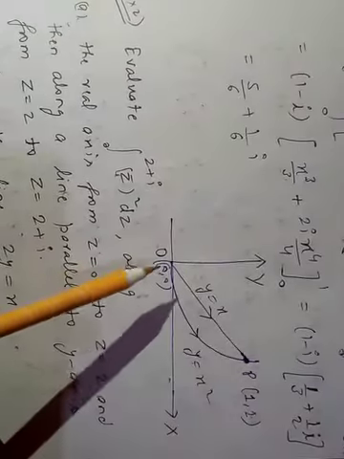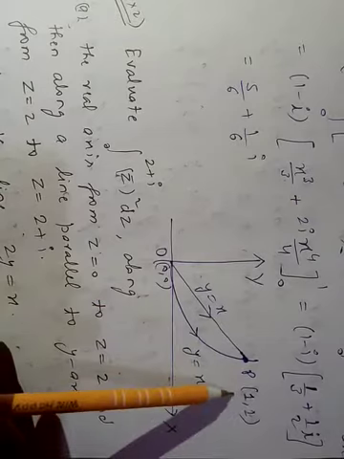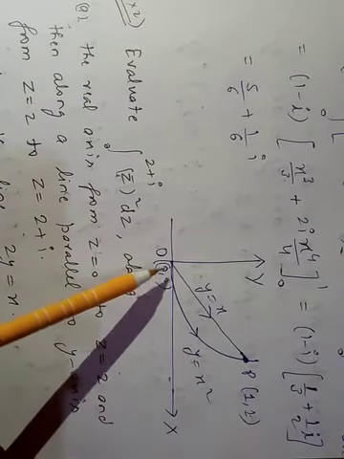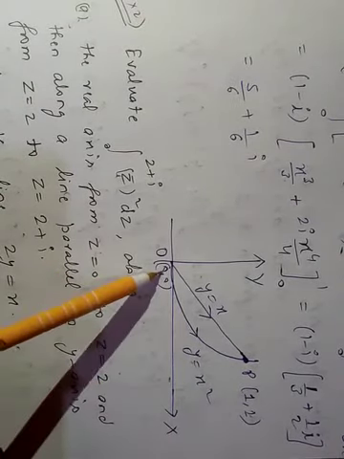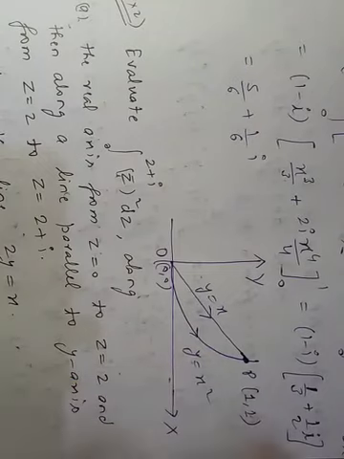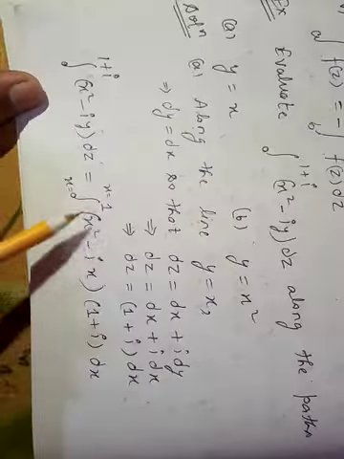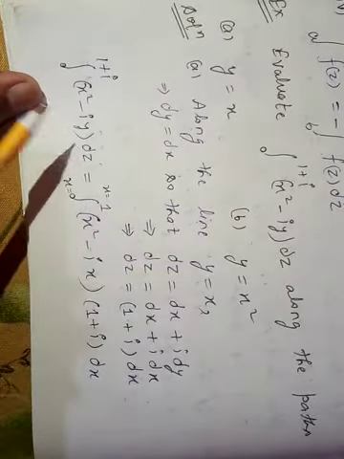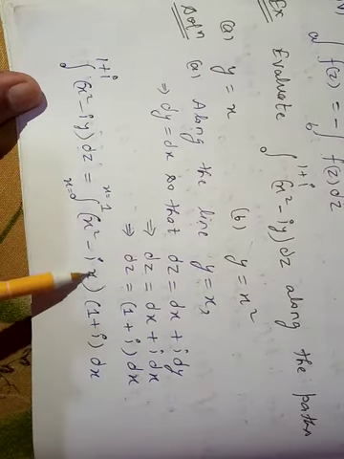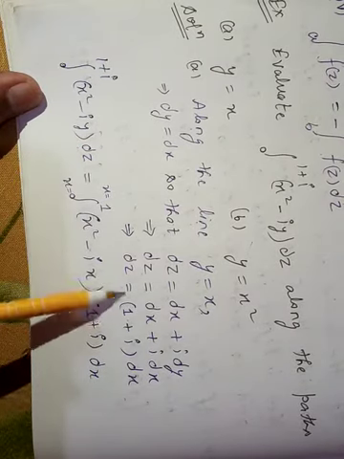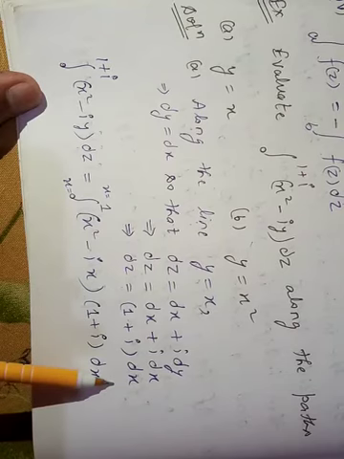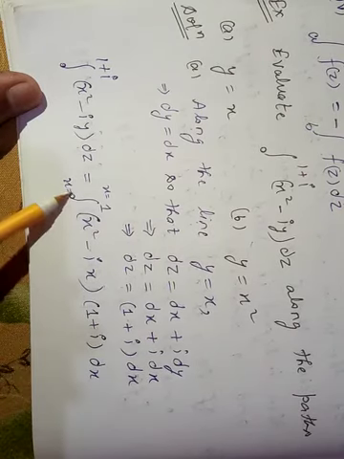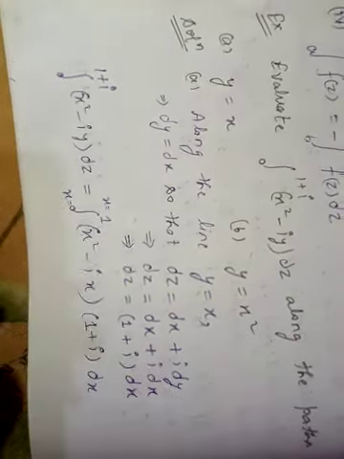From the figure it is also clear that here x is 0 and here x is 1, y is also 1, but talking about x, x goes from 0 to 1. So put down the limits 0 to 1. Now replace y by x, and dz by (1 plus i) dx, with limits of x as 0 to 1. Now solve it.